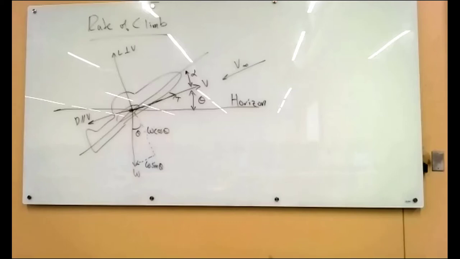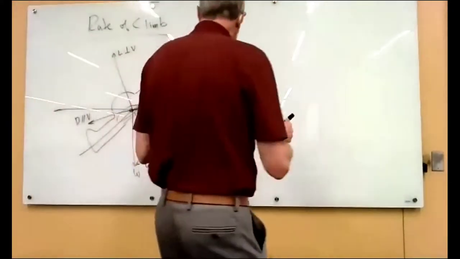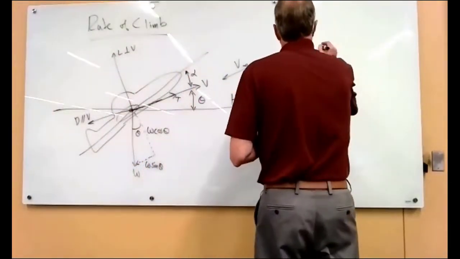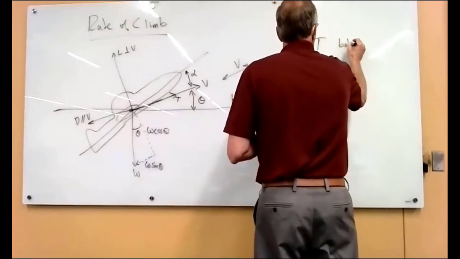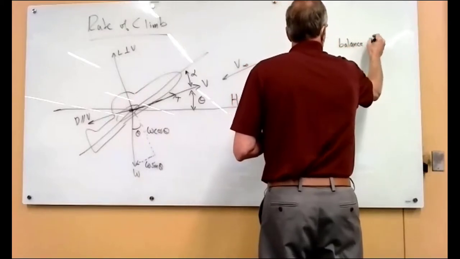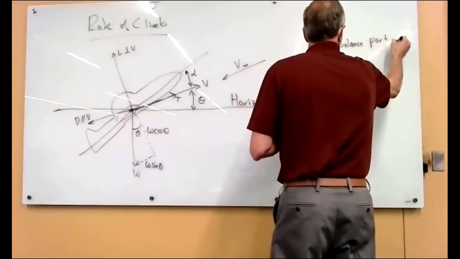Now we used that to our advantage in gliding flight where we dove down, and so the gravity vector actually provided the thrust with the power off. But in this case, to climb, we've got to counteract gravity with some of the thrust. So the key takeaway of this picture is that the thrust has to balance part of the weight.